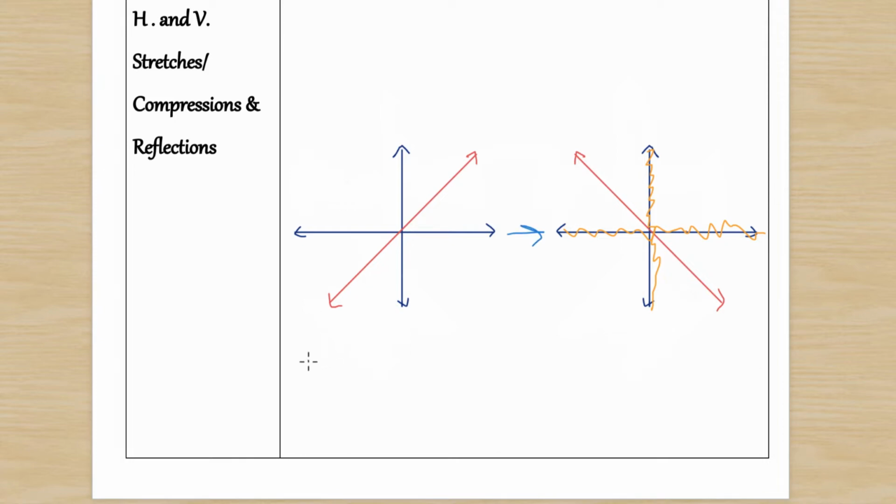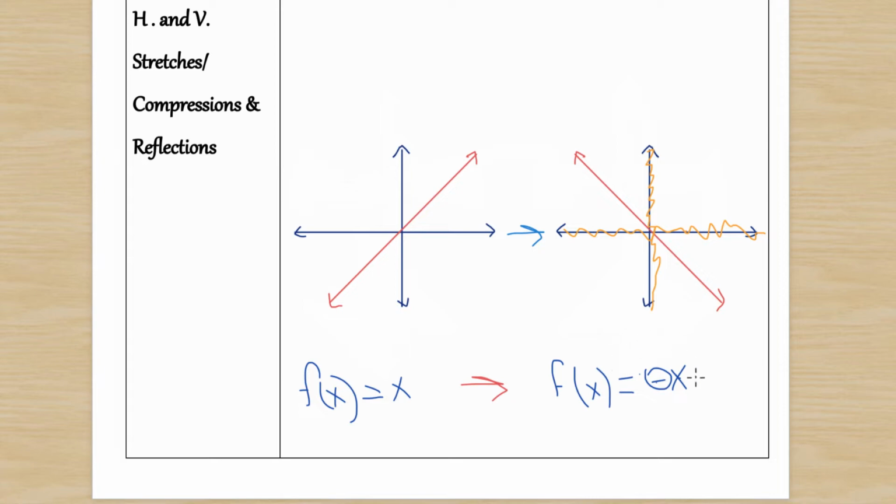So algebraically, this would look something like this. We'd have our first one, the parent function, as f of x is equal to x. But then the second one would instead be f of x is equal to negative x. So the negative symbol right here indicates that there is a reflection.